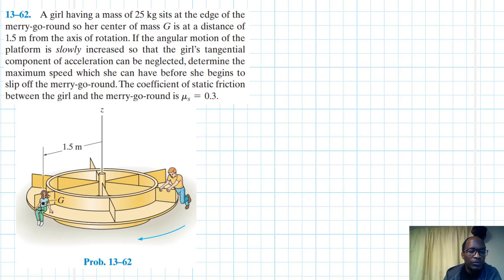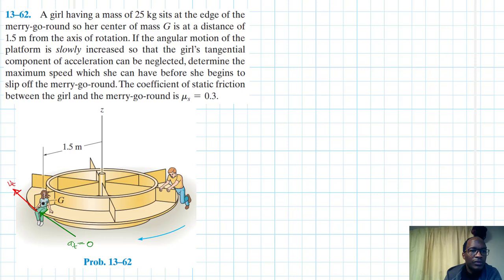So we do have, this is going in this direction. We can simply say tangential to that we have here our VT, and in the same direction we are supposed to have our AT, but this is negligible, equal to 0.